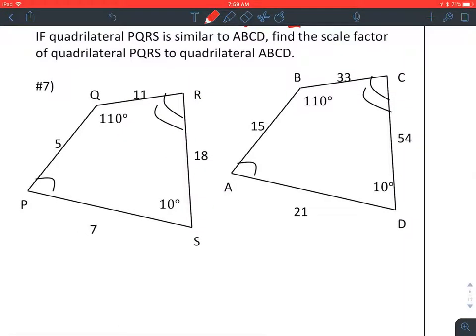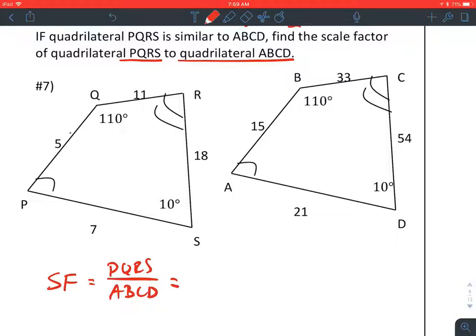This one's not messed up at all. If quadrilateral PQRS is similar to ABCD, find the scale factor. Now it has to tell you the order. PQRS to ABCD. So the scale factor of PQRS to ABCD.